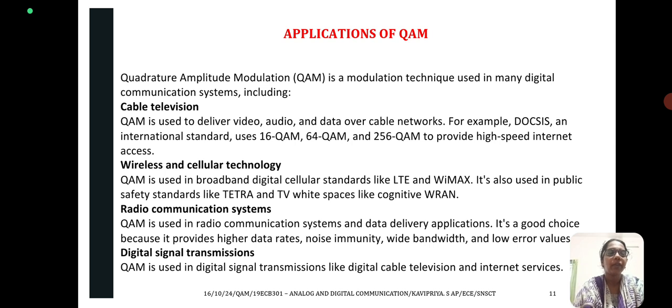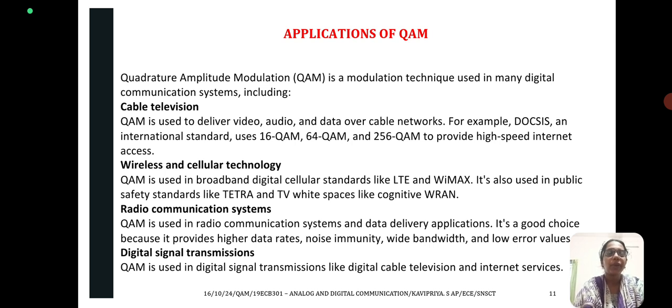Applications: it is used in cable television to deliver video, audio and data over the cable network. For example, DOCSIS, an international standard, uses 16 QAM, 64 and 256 QAM to provide high-speed internet access. Next is wireless and cellular technology. It is used in broadband digital cellular standards like LTE and WiMAX. It is also used in public safety standards like TETRA and TV white spaces like cognitive radio.